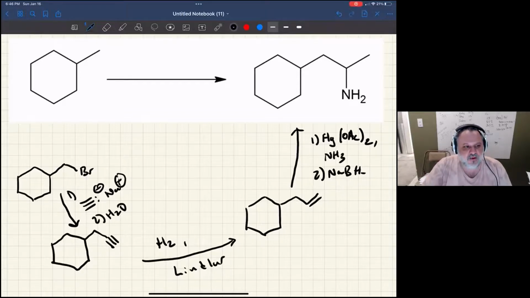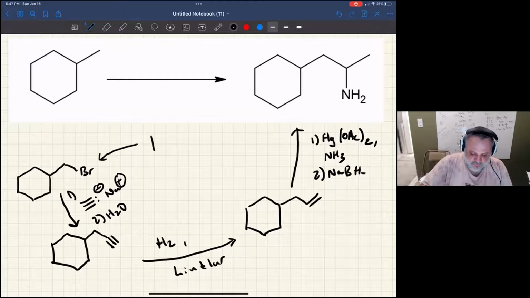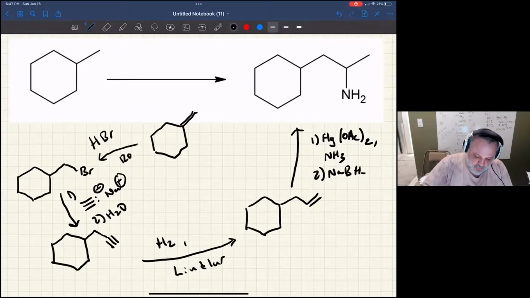Okay, but how do I get this bromine on here? Well, I could get a bromine on there if I had a double bond here. We could do that with HBr and ROOR.